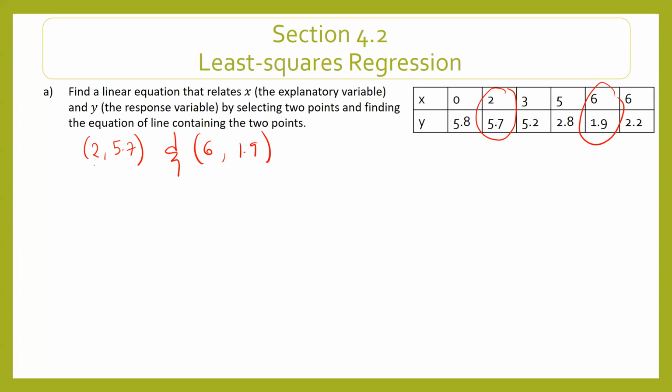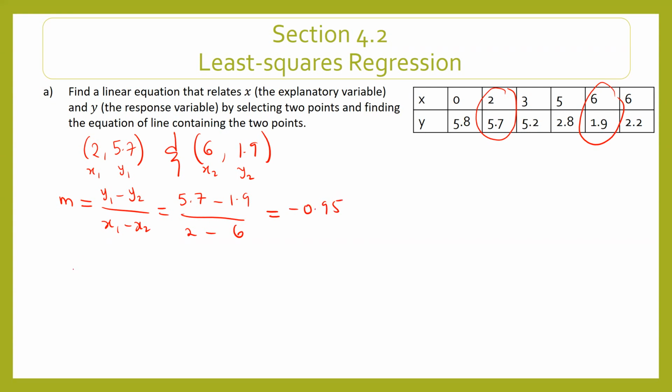Let's call these x1, y1, x2, y2. Slope first: the slope using these two points will be y1 minus y2 over x1 minus x2. So that would be 5.7 minus 1.9 divided by 2 minus 6. And that should give us minus 0.95.